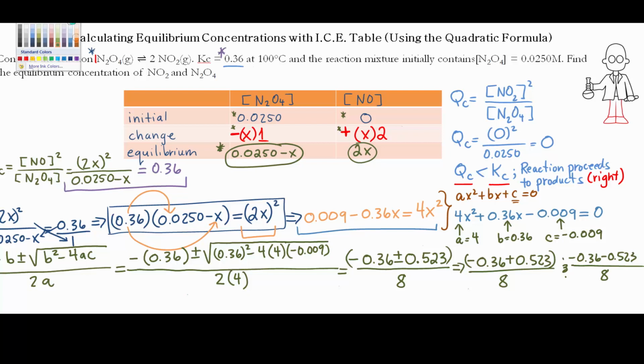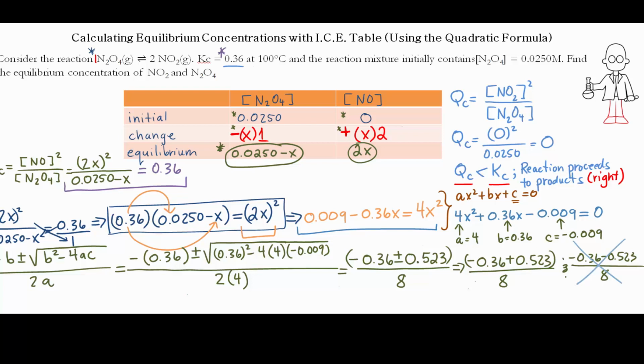Now, if we look here, we can see that this negative minus another number is going to give me a negative number when I solve for x. And I should have put x is equal to out here. So when I solve for x, this is going to give me a negative number. If I put that negative in for 2x, that's going to give me a negative concentration.